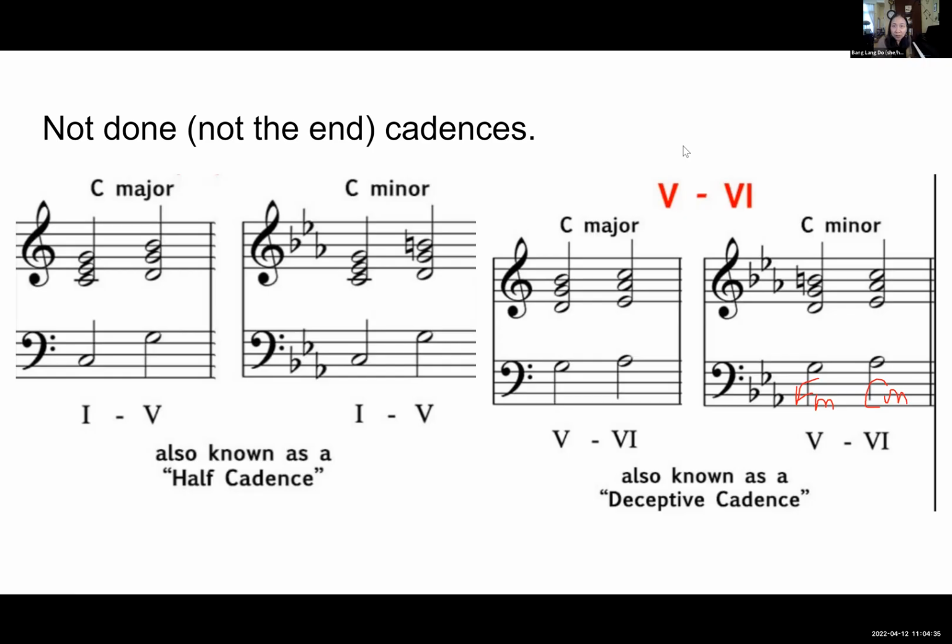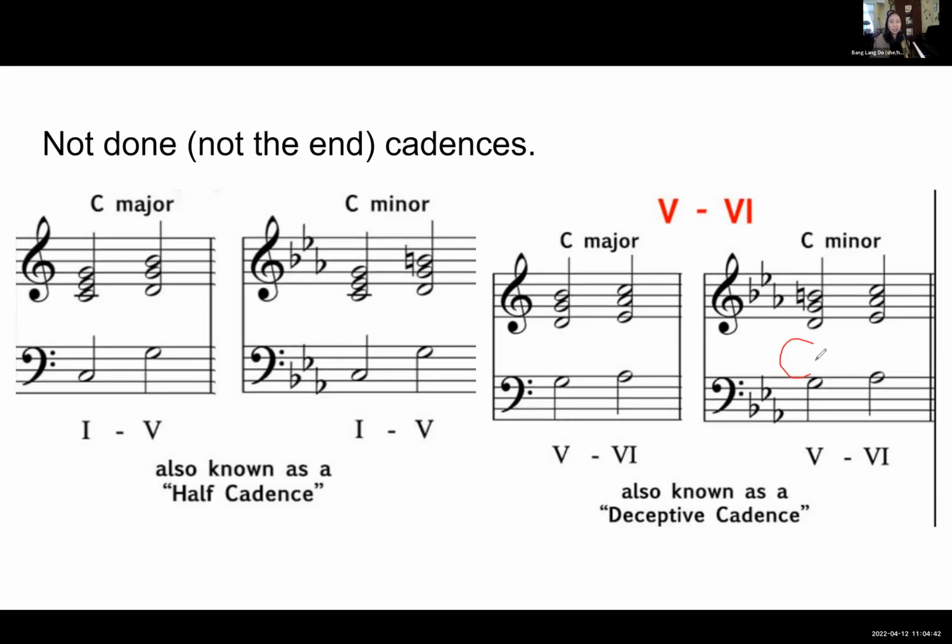Oh, I need to erase all marking from the previous line. Sorry, it doesn't make any sense. 5-1 meaning G to A flat major. Chord 6 is, I'm saying 1. The 6 is A flat, it's a major chord.